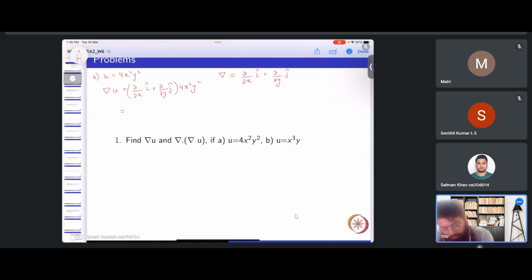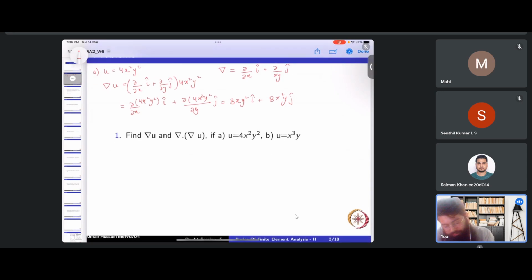What we get is dou by dou x of 4x square y square i cap plus dou by dou y of 4x square y square j cap. The derivative with respect to x is 8x y square i cap, plus the derivative with respect to y is 8x square y j cap. Right? I hope I'm doing it correctly.